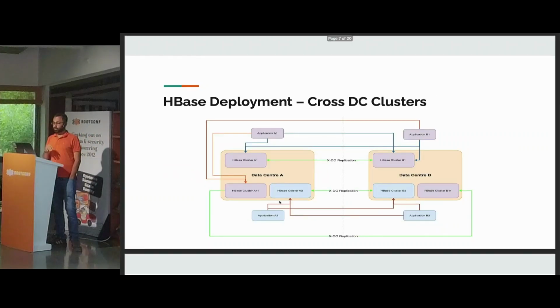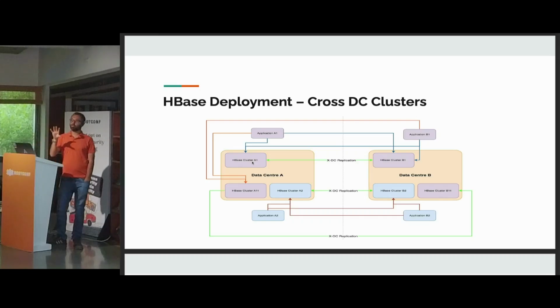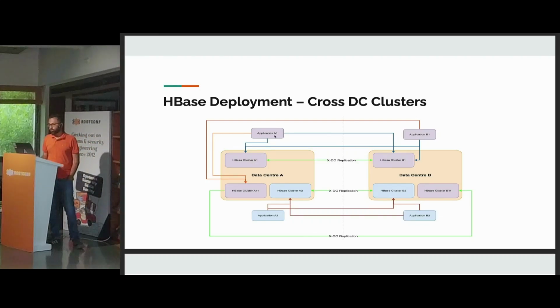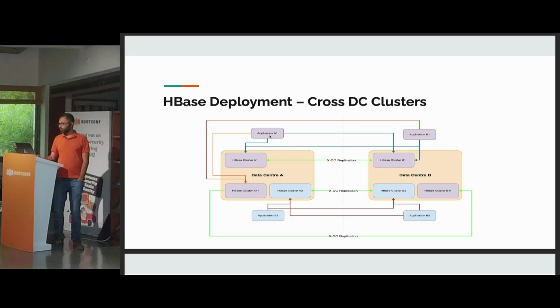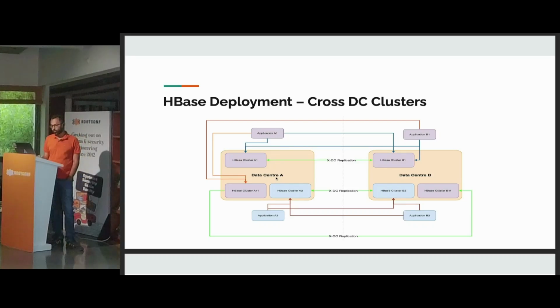Yeah. So in terms of deployment, I made it pretty complicated here to understand how the real world looks, say for example for Flipkart. So here, if you look at this application A1, application 1, it is deployed in data center A, and also deployed in data center B. So you have an active setup.